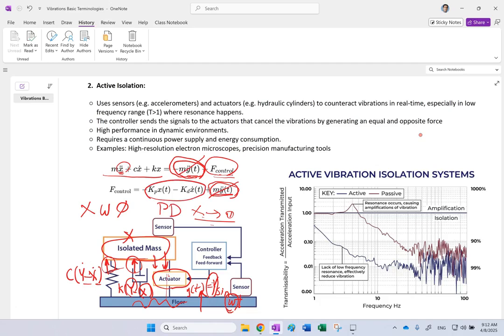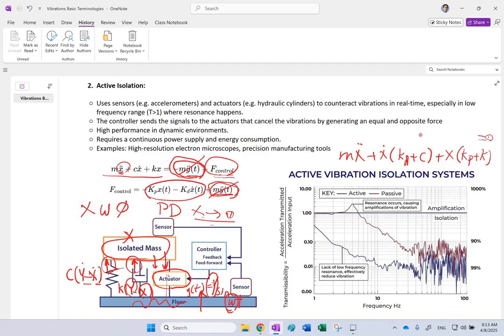Okay, and a PD control, when combined with this, makes your equation of motion something like m x double dot plus x dot times (kd plus c), plus x times (kp plus k).